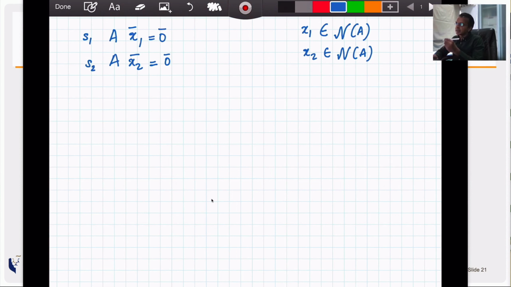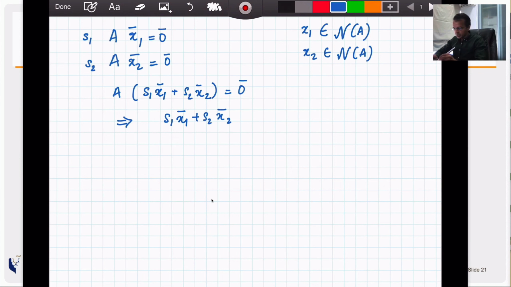That wouldn't change the right hand side because it's already 0. Add them up. That will give me A times (s1 x1 plus s2 x2) equal to 0. So that vector has to be a member of the null space of A.